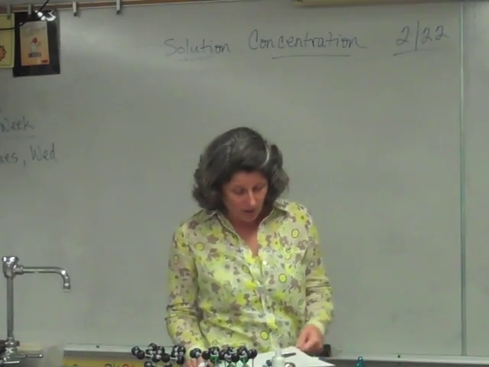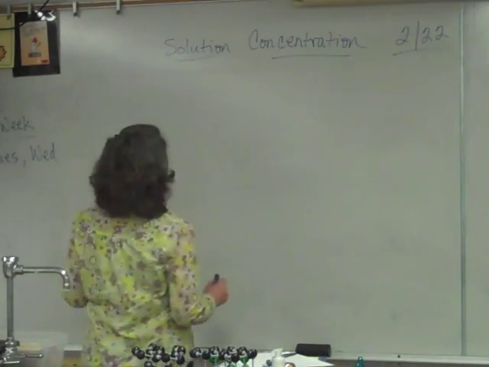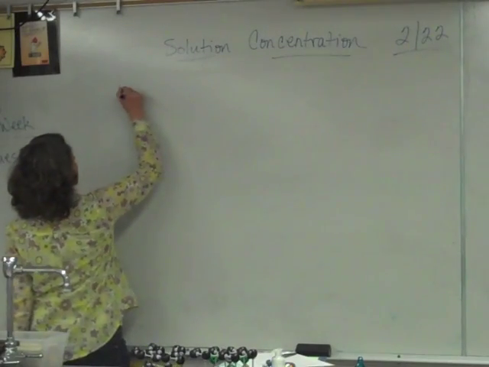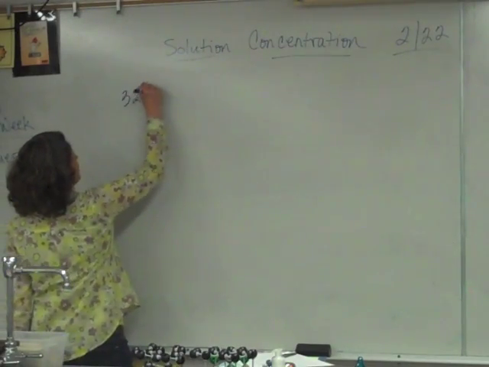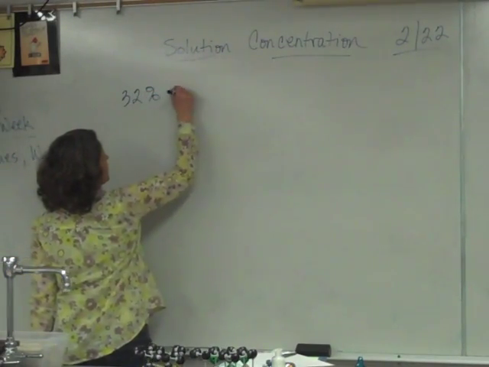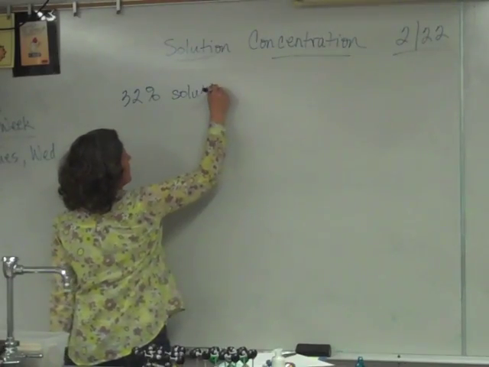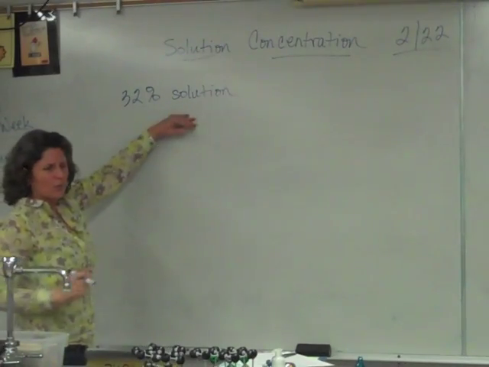So for instance, let's say we've got a 32% solution. What does that mean?